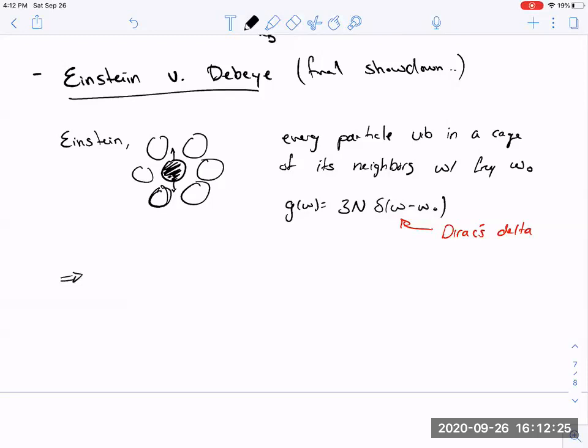So that's an integral we can do, and we'll get C_V per k_B is just then 3n times beta h bar omega naught squared times this factor of e to the minus beta h bar omega naught. But if you look at the temperature dependence there, the temperature dependence vanishes much more quickly than T cubed.